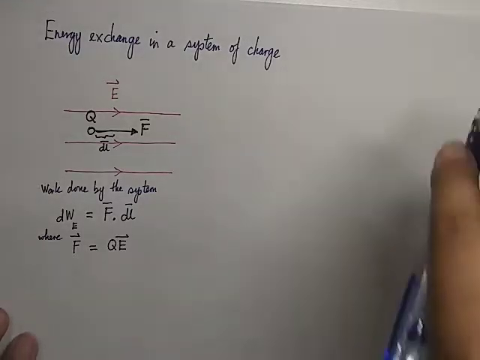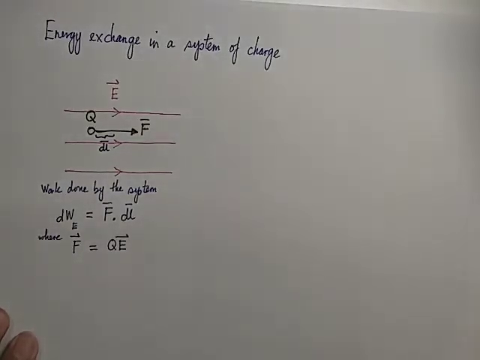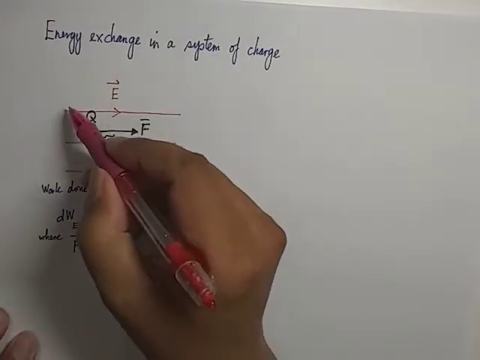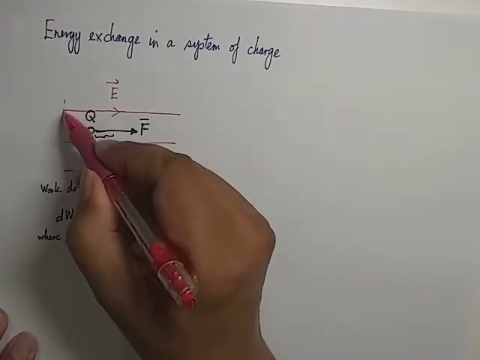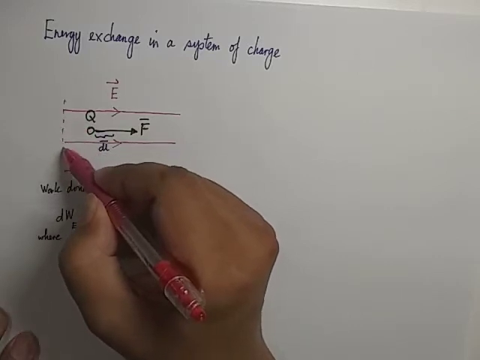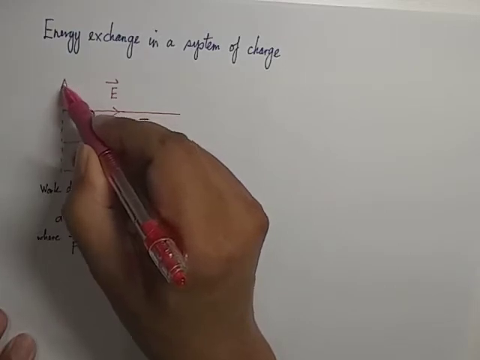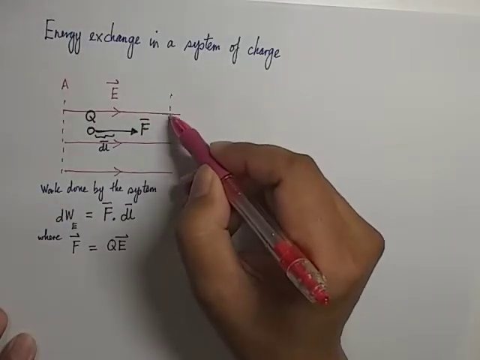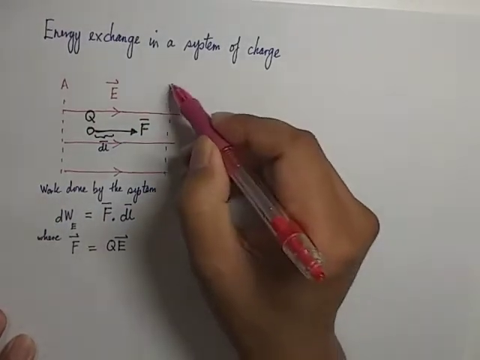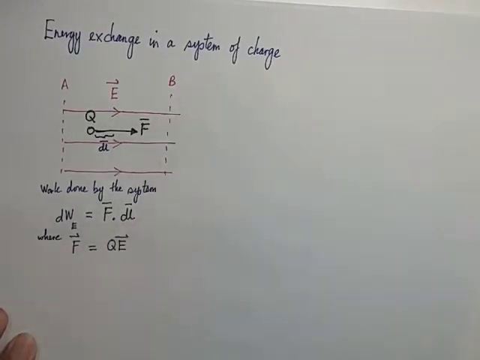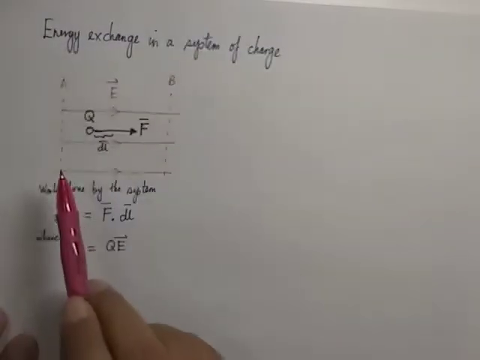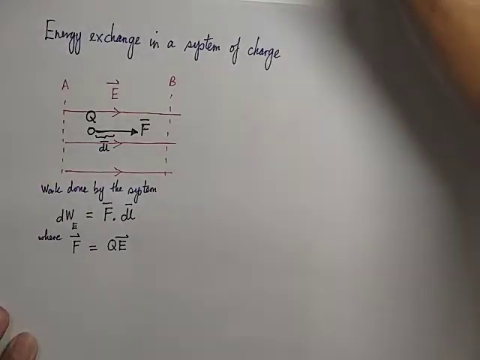So in other words, let's say I want to calculate the total work done. What that means is I want to determine the total work done for this point charge to move from a point A, let's say, to a point B. So the total work done is going to be what then?